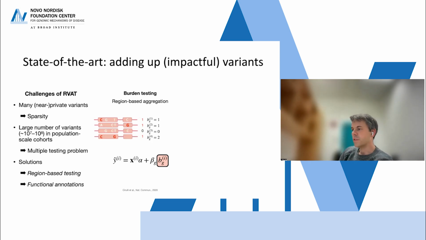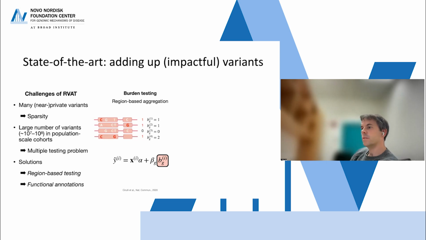And for the sake of simplicity, I want to assume here the region of interest is a gene. And so essentially we're just summing them up. This guy here, for example, has one variant in a region of interest, let's say in the coding region of a given gene. This guy has another impactful variant, but it's a different one. And this individual here has two impactful variants that are indicated here with red.